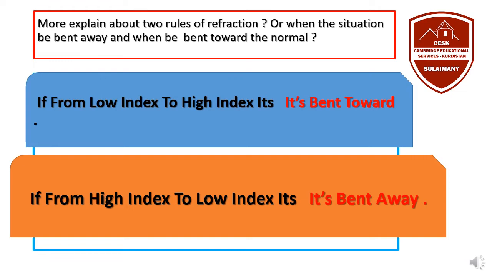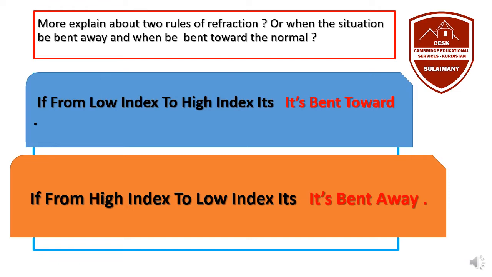So here we discuss when it is bent away and when it is bent toward. Number 1 is rule number 1, number 2 is rule number 2. If you do it randomly, no problem.